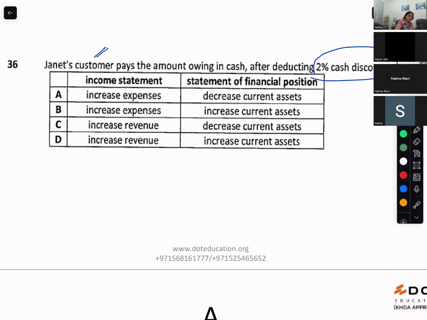Think this is your customer, who is paying you money after deducting cash discount. So he is deducting cash discount, that means you are allowing discount. If you are allowing discount, that means your expenses increased. So expense increase.